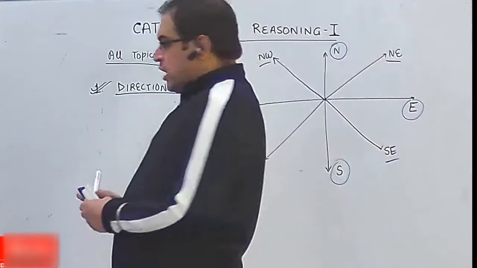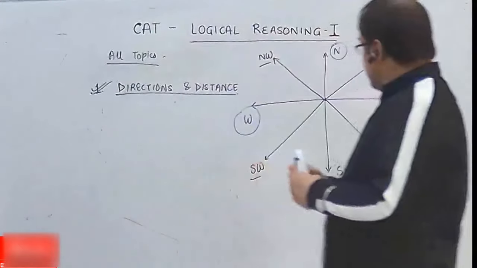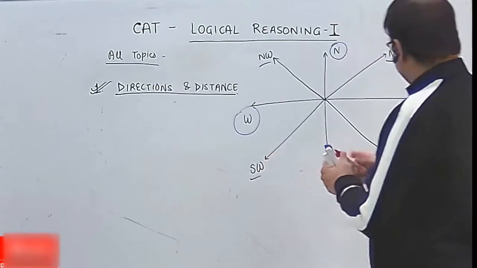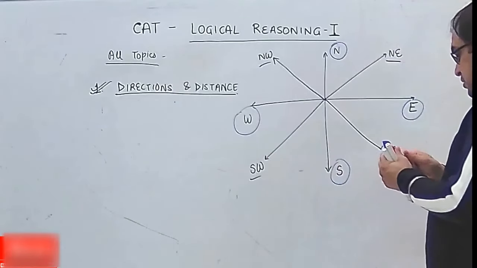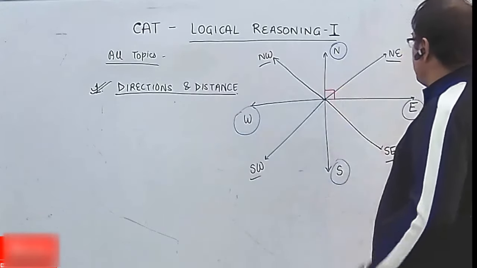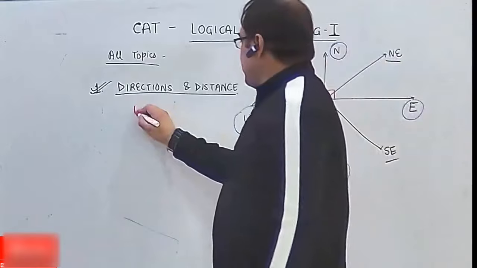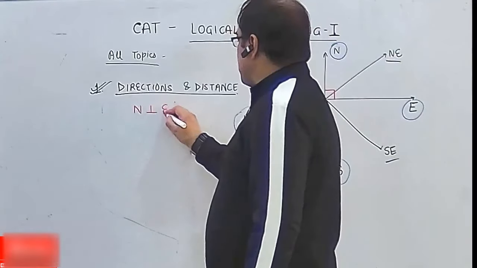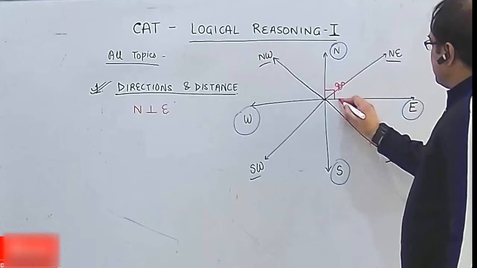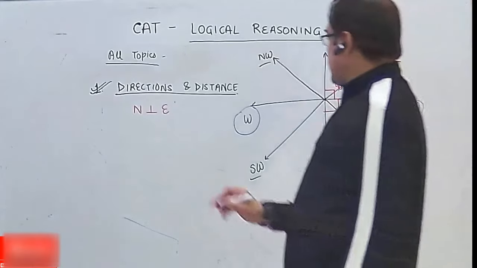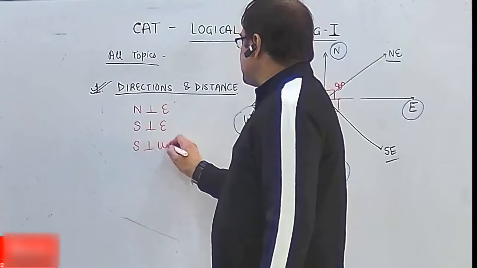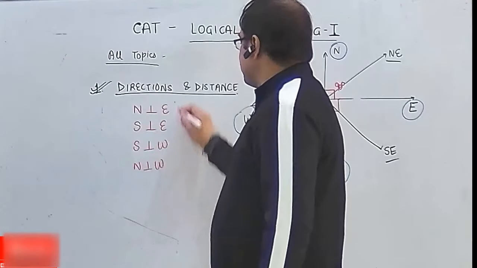Okay, so now let us see how this is. We know that the north direction is basically perpendicular to the east direction. So we get to know from here, north is perpendicular to east. That means this angle is 90°. Similarly, south is again perpendicular to east. South is also perpendicular to west, and north is also perpendicular to west.